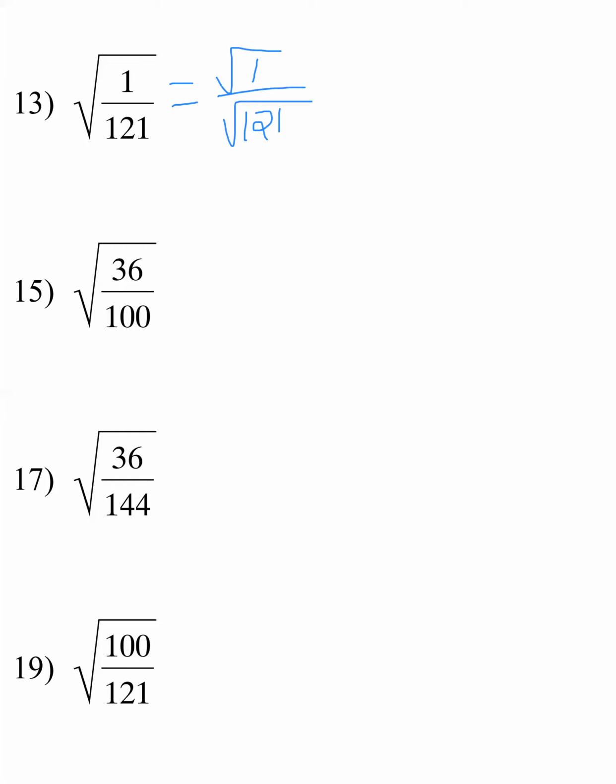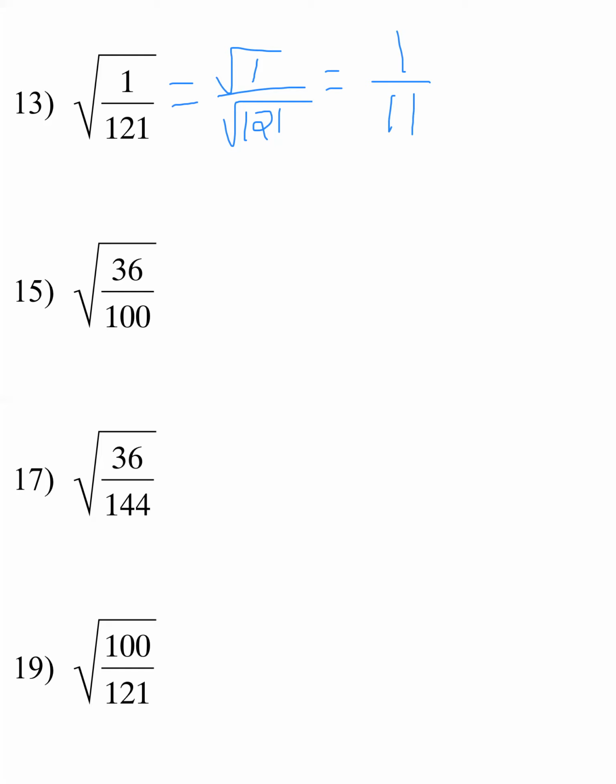That's it. So as long as the top and bottom are perfect squares, it's really not that bad. To get my final answer, the square root of 1 is just 1, right? And the square root of 121, you can look on that chart or you might know it, it's just 11. That's it. That wasn't so bad.